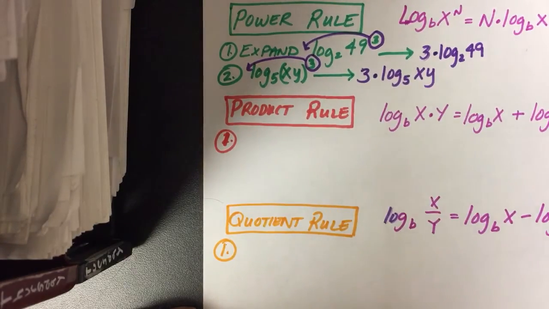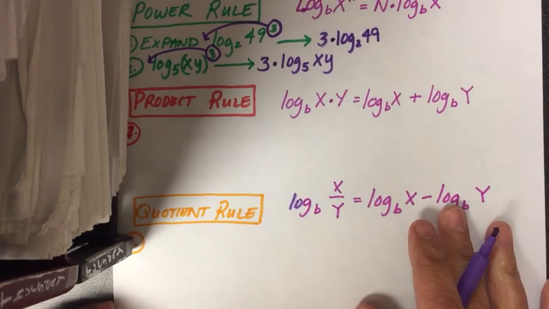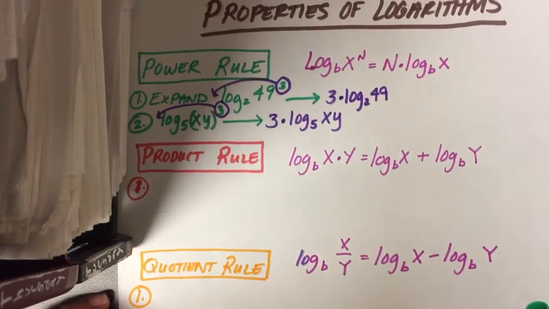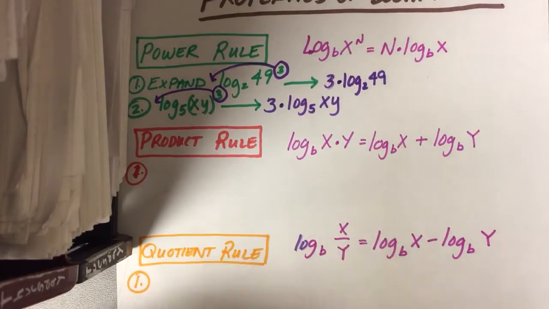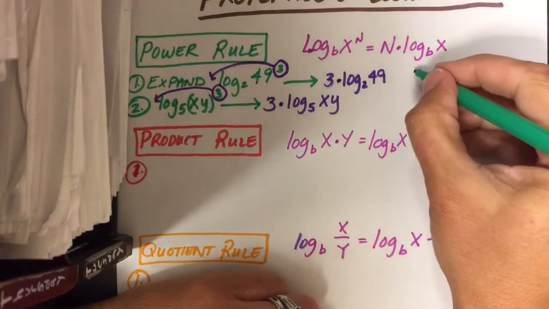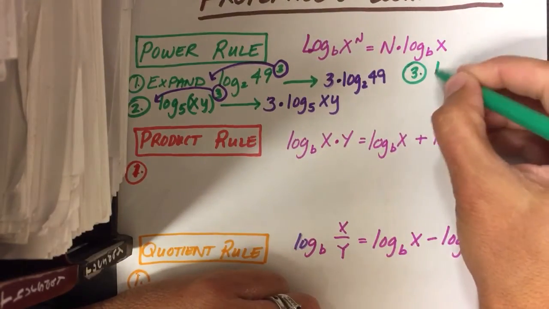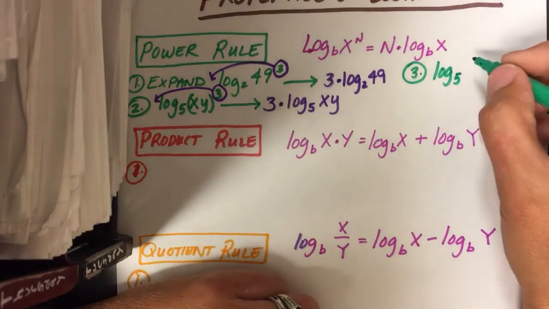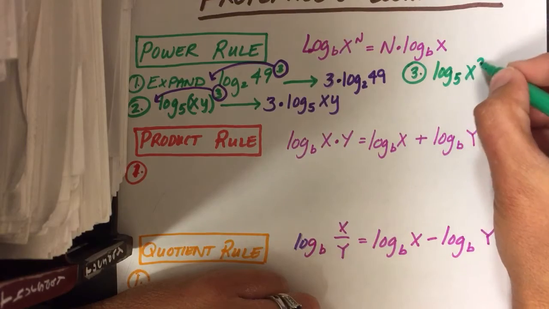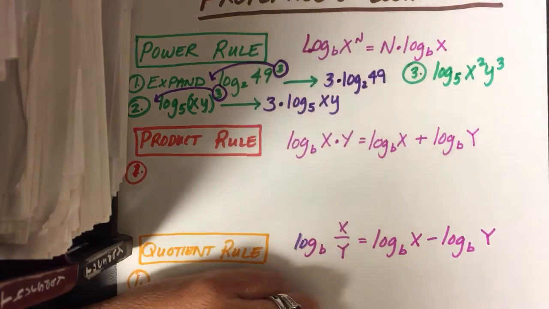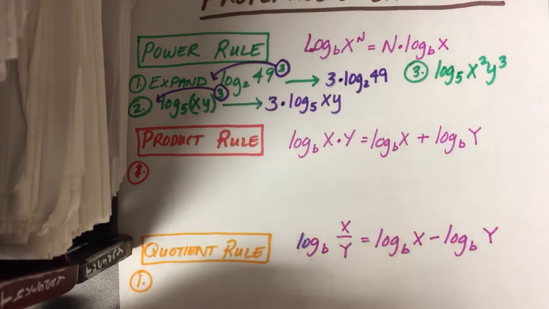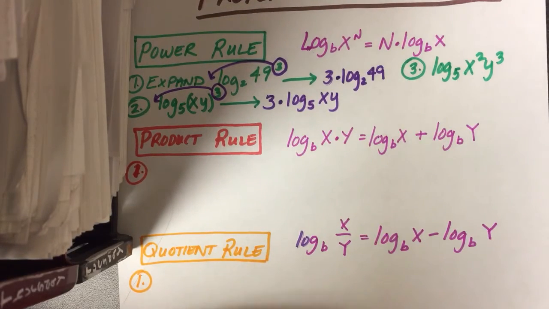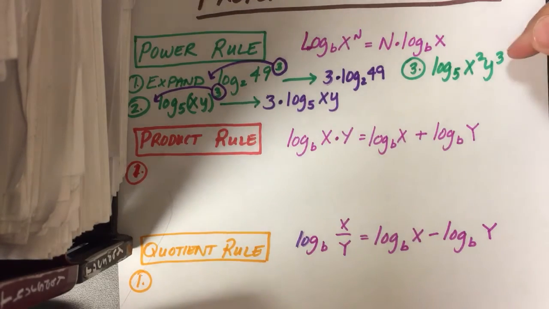And that's your answer. Now, where some people really have a hard time is an example where we cannot use the power rule. So let's say, for example, I have log base 5, we'll just choose 5 again, of x squared y cubed. And I want to expand this. Well, I can expand it, but I can't use the power rule as it is right now.